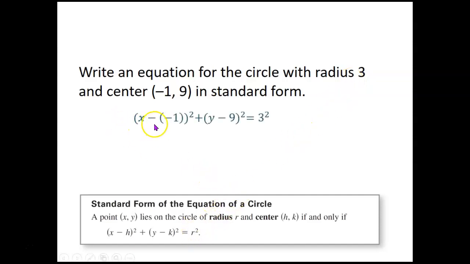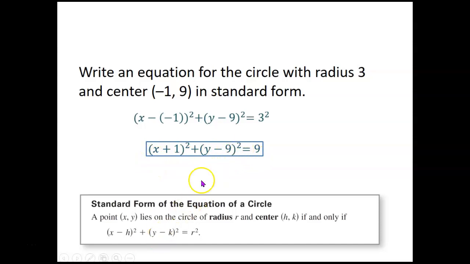So it's (x minus -1) squared plus (y minus 9) squared equals 3 squared. But I'm going to clean that up a little bit. Instead of writing minus -1, let me just simplify that to plus 1. So (x plus 1) squared plus (y minus 9) squared equals, and then instead of writing 3 squared, I just went ahead and wrote 9. So there's our equation for that circle.